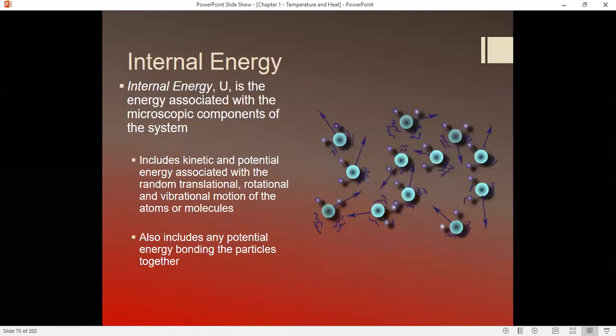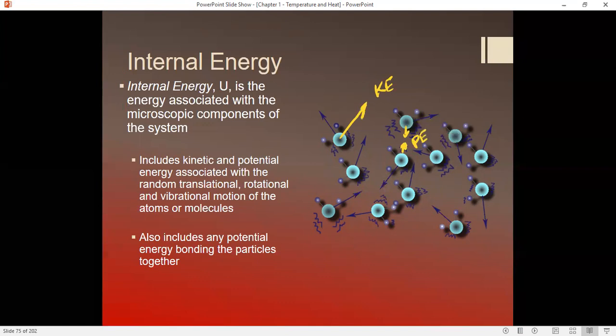Now, what is internal energy? Well, we oftentimes use the symbol U for internal energy, and that's sort of unfortunate because that actually can also mean potential energy. But internal energy is all the microscopic components of energy of that system. It could be kinetic energy, these molecules moving around. It could be the potential energy due to the intermolecular forces.